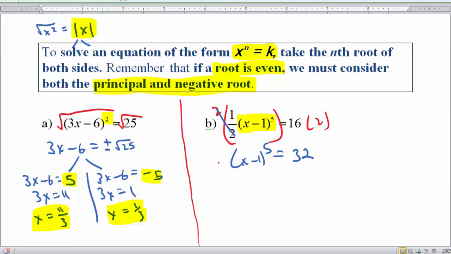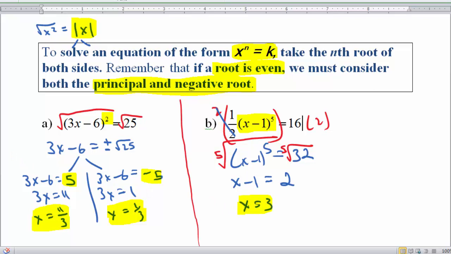So to undo that fifth power, I will take the fifth root. And of course I made this come out nicely for you. The fifth root of x minus 1 to the fifth is just x minus 1. However, the fifth root of 32 is actually just 2, because 2 to the fifth is 32. So just add 1, and I would have x equals 3, and that would be my single solution here.